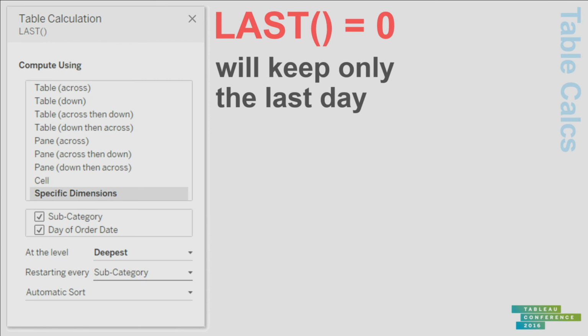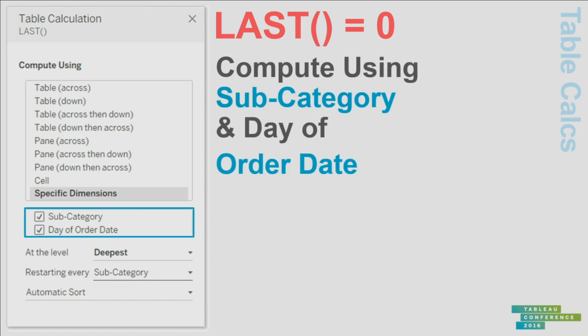Last equals 0 will only keep the last day of data, and then we will need to use compute using to do that for each of my subcategories. So I'll want to run that on my subcategories and order dates. And most importantly, I'll want to restart every category. So now this will count down all of my days a particular subcategory was purchased.